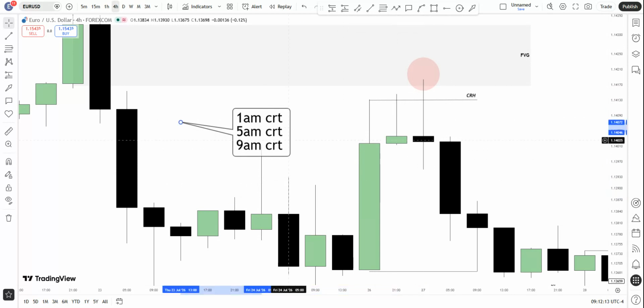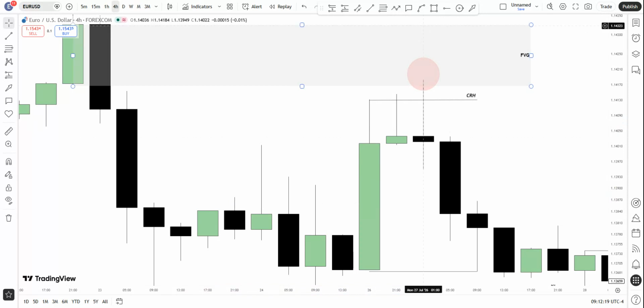Now let's go down to the lower time frame to let me teach you guys how to trade using our Model-1 entry confirmation. Now this particular CRT formed during the late hour of the Asian session, going into London, by 1 a.m. We are expected that price is going to take out the high of the 9 p.m. during the Asian session.